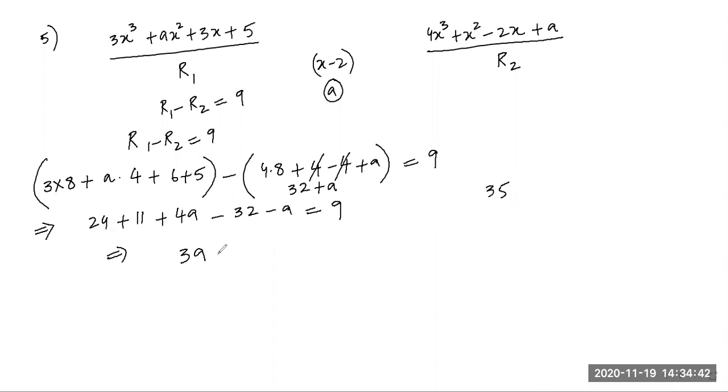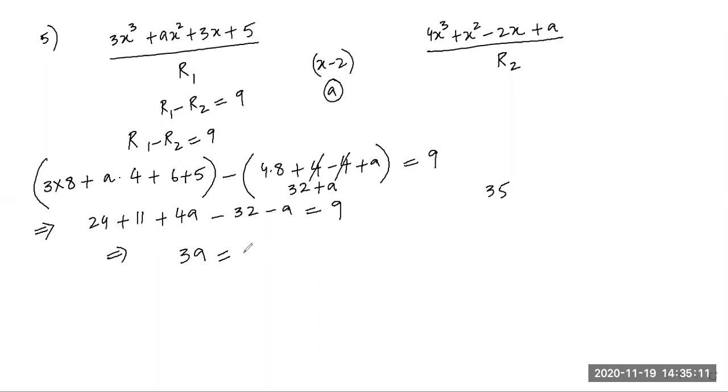35. Beautiful. So 4A minus A is 3A. So 24 plus 11 is 35, right? Now 35 minus 32 is 3, right?